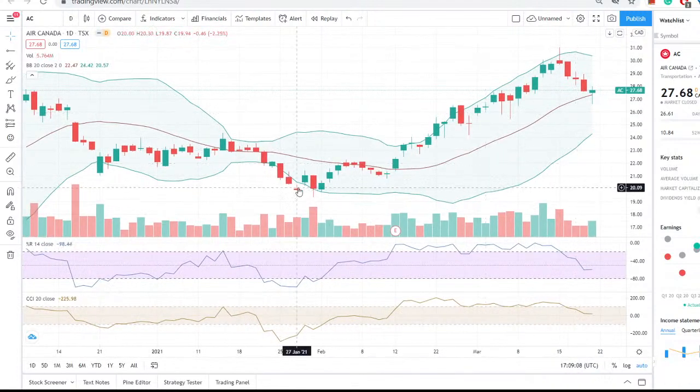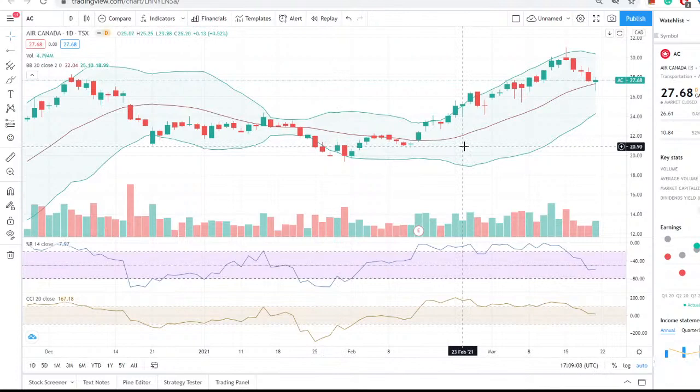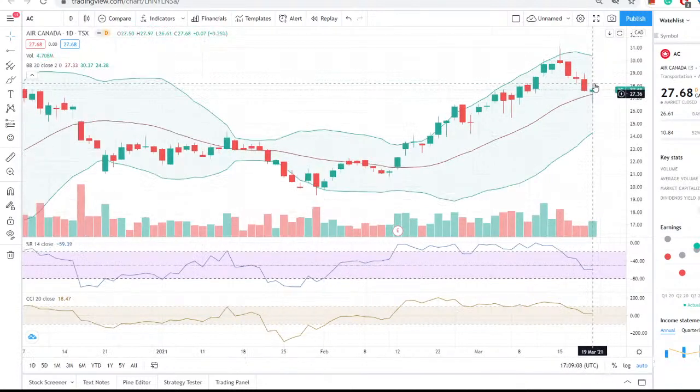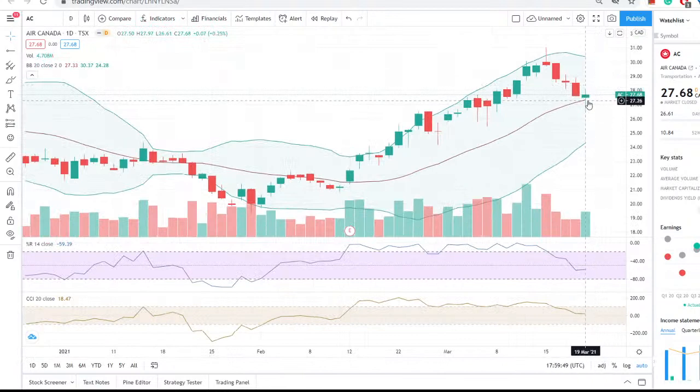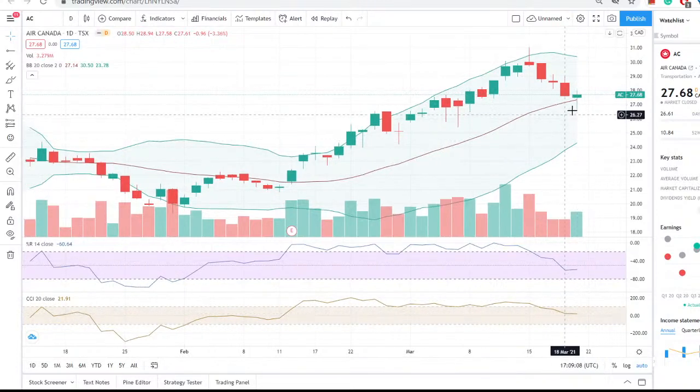I had traded it last year in April and May, and then since it was not moving much at that time, I came out of it. Since Feb, it took an uptrend, and on 15th March it was at its resistance, and since then it has taken a downward move. In the last session at the mid Bollinger Band it has found a support, and Williams R and CCI have flattened.